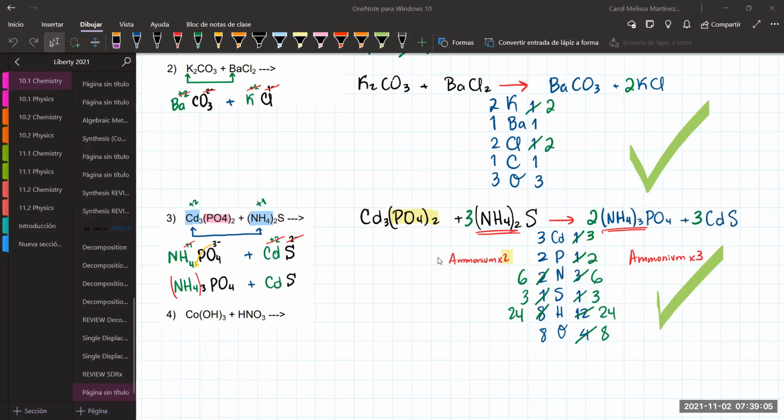The 2 I pass to the other side, like I did there. And the 3 I put on this other side. That's what I do, like mentally. And then, obviously, the cadmium needs to be multiplied times 3 to balance. But, okay, basically that's how I do it. How it's balanced. Yeah, I know it takes time to do that.